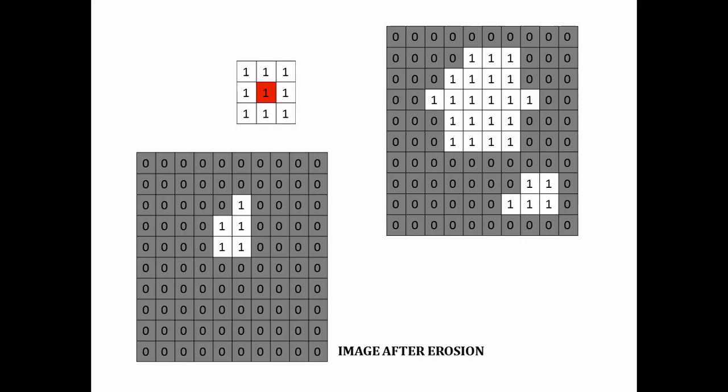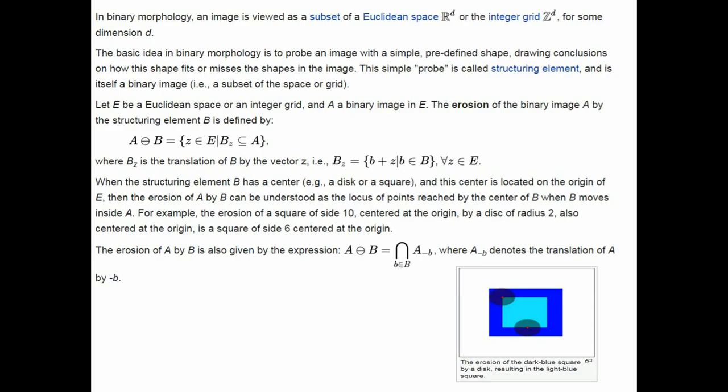So this is basically erosion, one of the morphological operators you use in digital image processing. Same example. Now the erosion is represented by this symbol: erosion of A by B, where A minus B means you are eroding.